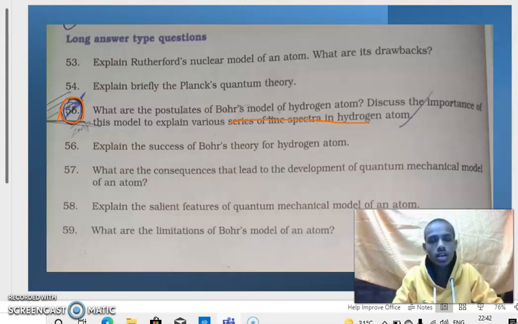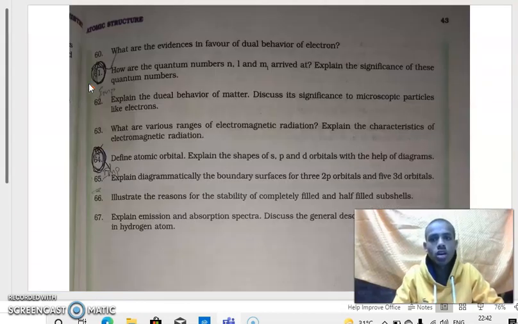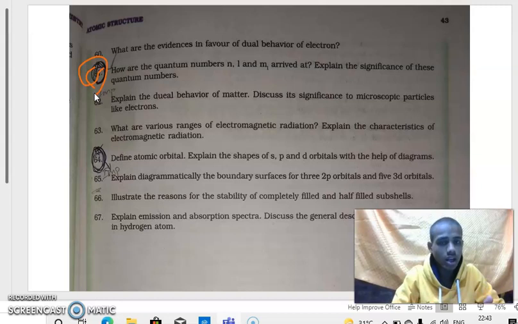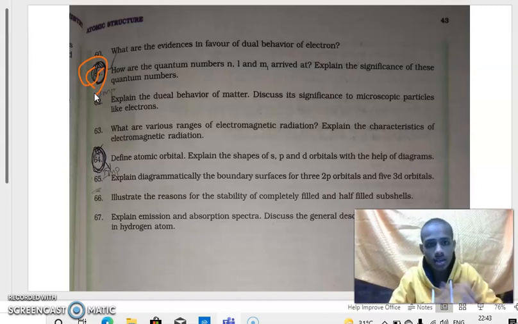And the second most important question is, how are the quantum numbers n principal quantum number, l angular quantum number, and m magnetic quantum number arrived at? Explain the significance of these quantum numbers.